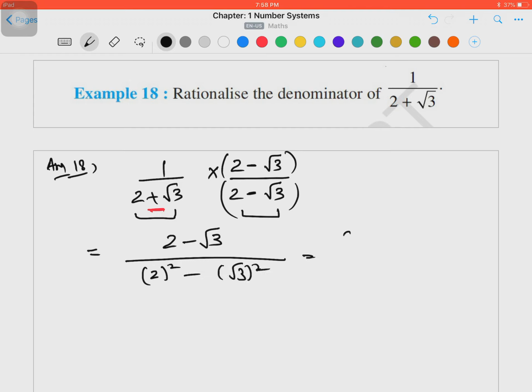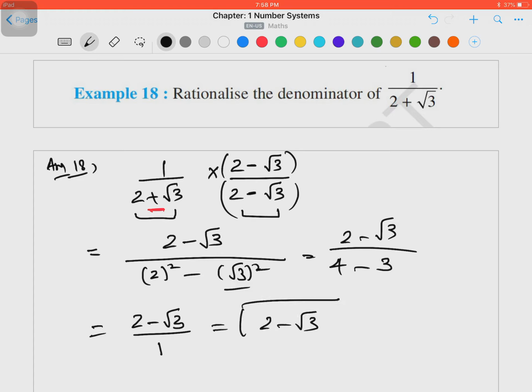So this will result in 2 minus root 3 divided by 2 square is 4, and root 3 square will give us 3, so 4 minus 3 will be 1, and in the numerator we have 2 minus root 3. Hence the result is 2 minus root 3.